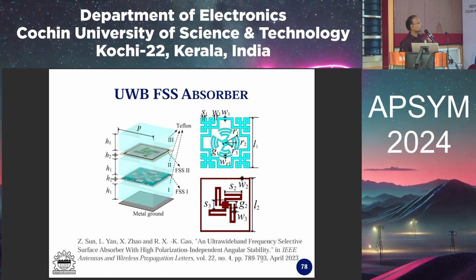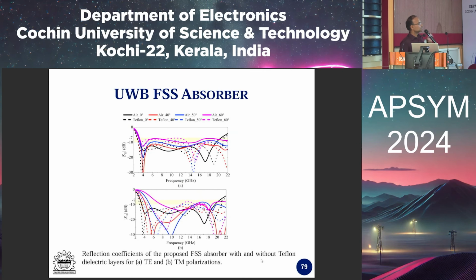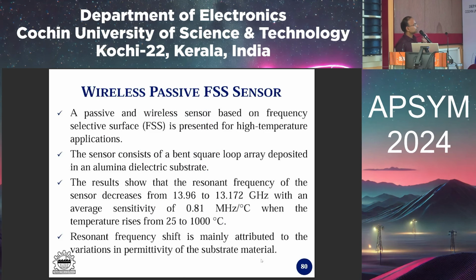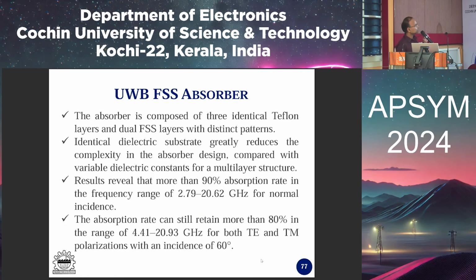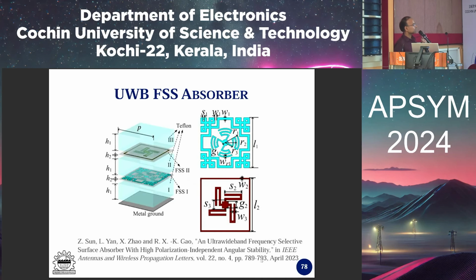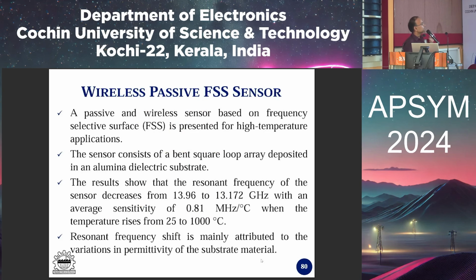This will be replicated along the X and Y axes to provide wideband absorption capability. Here they claim absorption from 4 to 22 gigahertz, with a 90 percent absorption rate. This is using an ultra wideband FSS for absorption functionality.